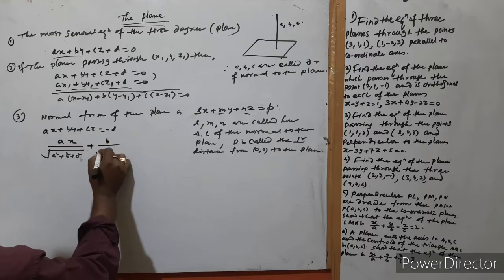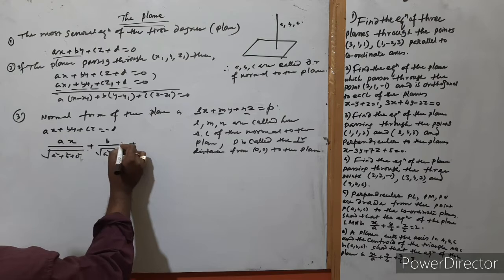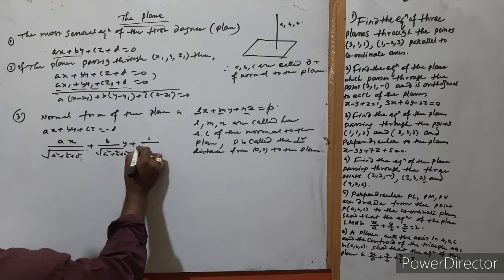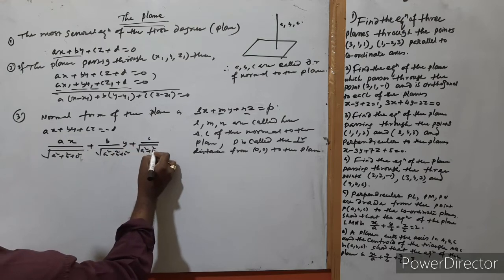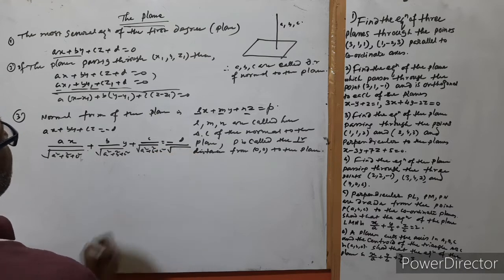So b by root over of a square plus b square plus c square is the coefficient of y, and c by root over of a square plus b square plus c square is the coefficient of z, and d by root over of that.